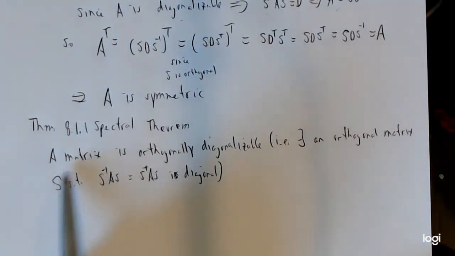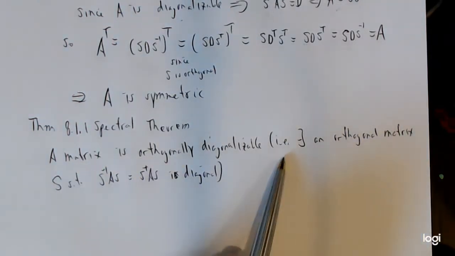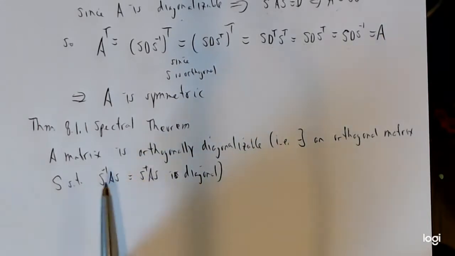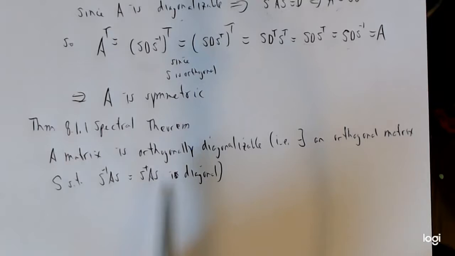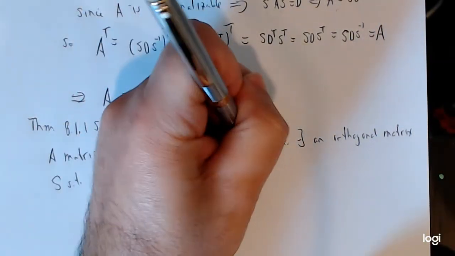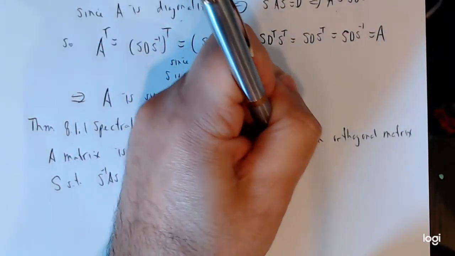Right, so if we multiply this out, we're going to get a diagonal. So that's basically what we're saying, right? I could find a matrix S where S inverse AS or S transpose AS is a diagonal matrix, if and only if A is symmetric.